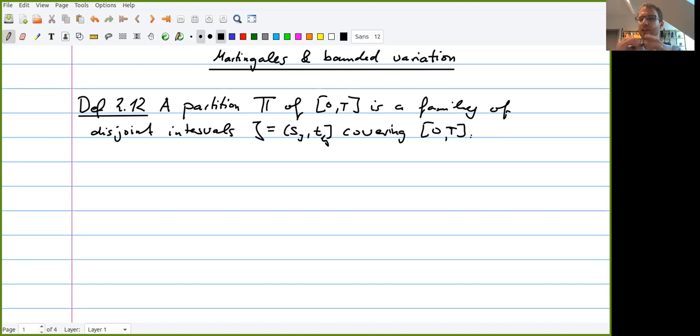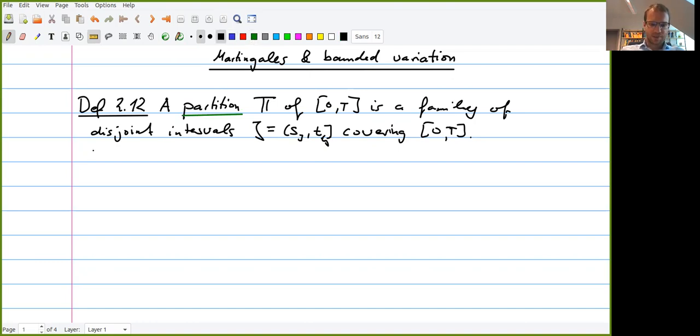So you have a family of small partitions which are not overlapping, and if you take the union of all these little half open intervals, you recover the whole interval. Okay, so that's what I would like to call a partition of the interval 0 to T.